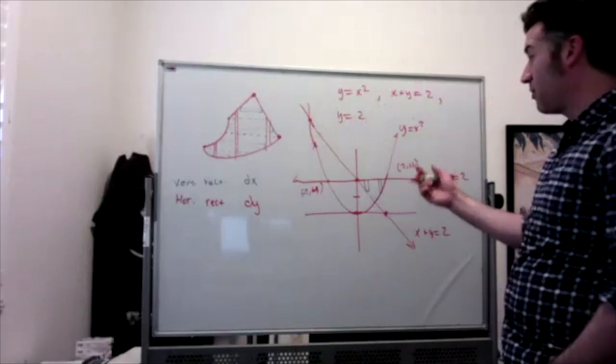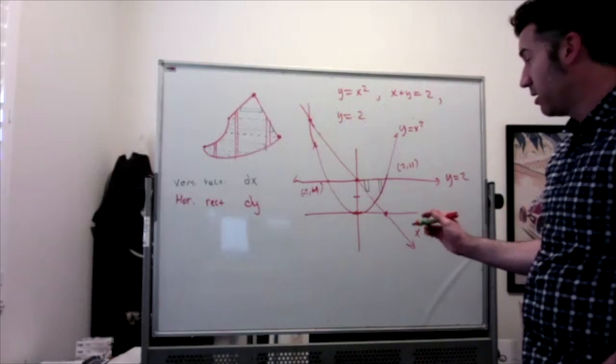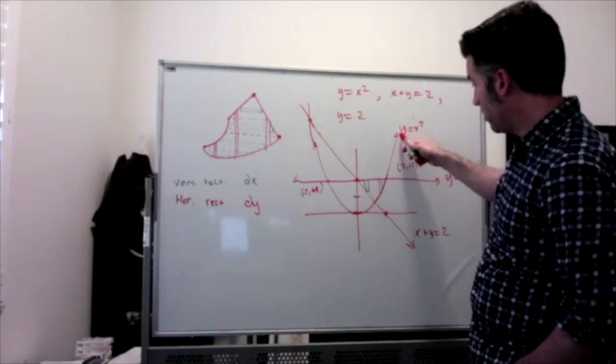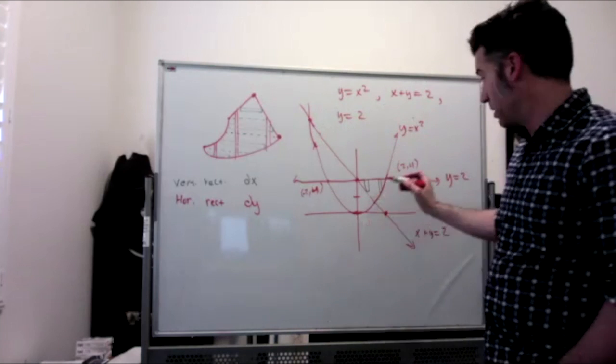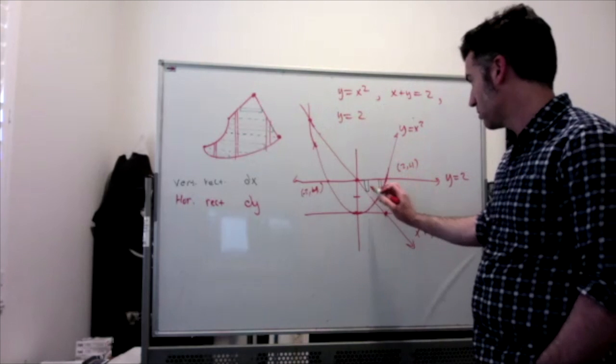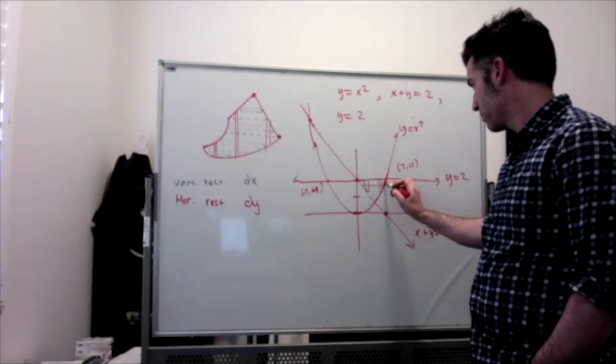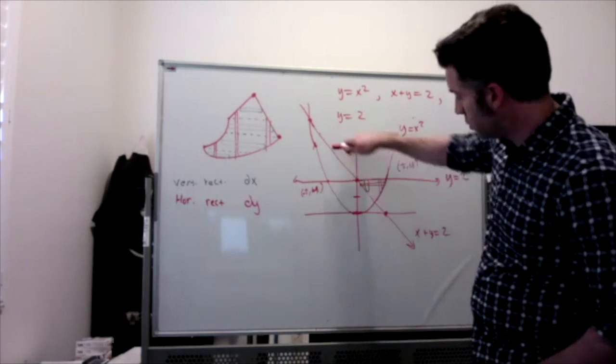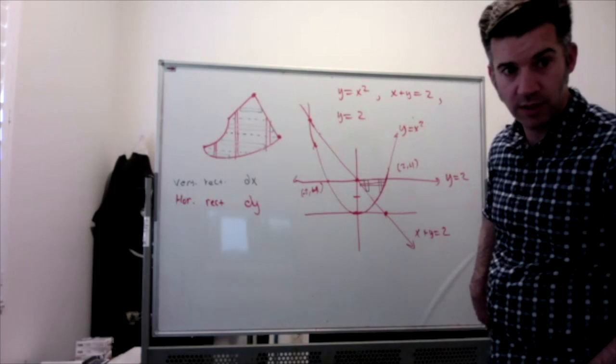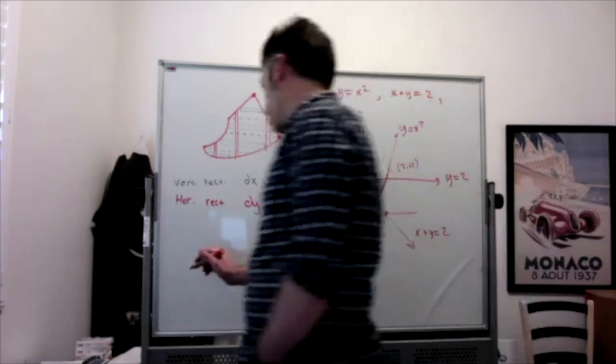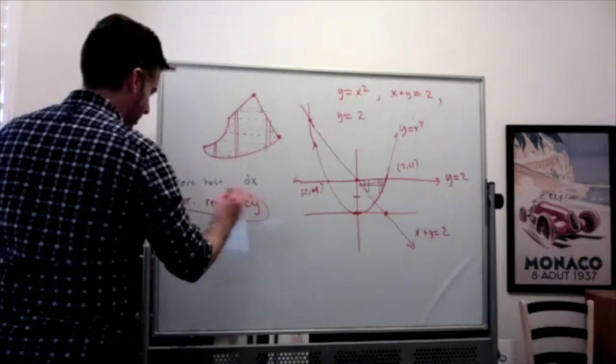I would much rather do this one in terms of y, because if I use a horizontal rectangle, the right function is always going to be this function, and the left function is always going to be that function. So I could set this one up using horizontal rectangles and dy.